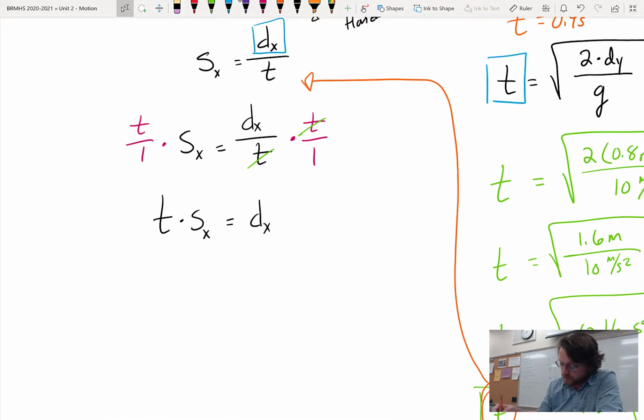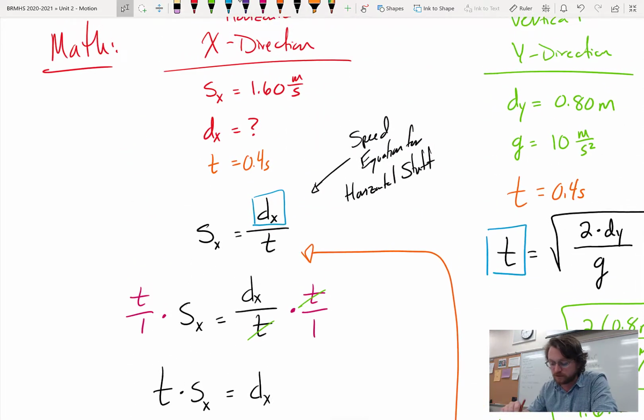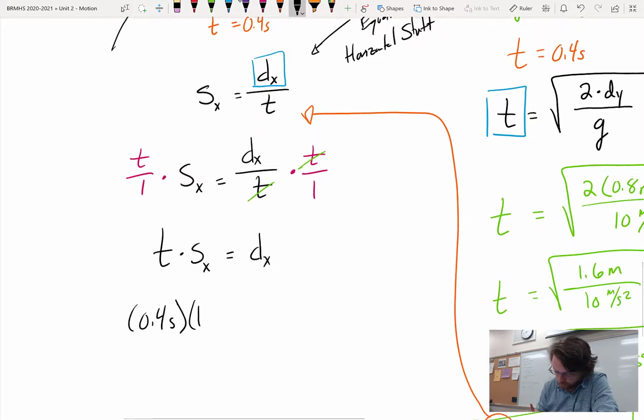Okay, so our time was 0.4 seconds. Notice I'm keeping the units in there to make sure they all agree. For the speed, I look back up at my little table of stuff that I know, so I don't have to read the problem again. 1.6 meters per second, or 1.60, same number, equals the distance it travels in the x direction.